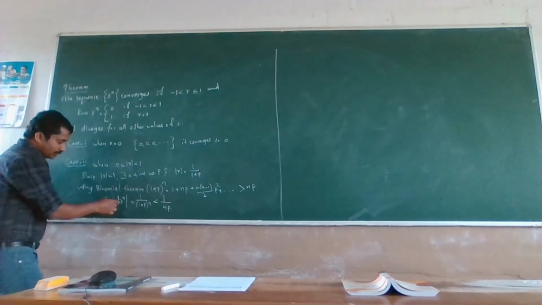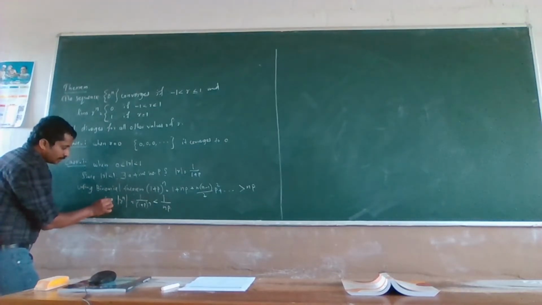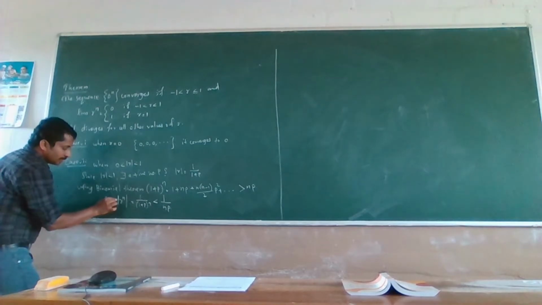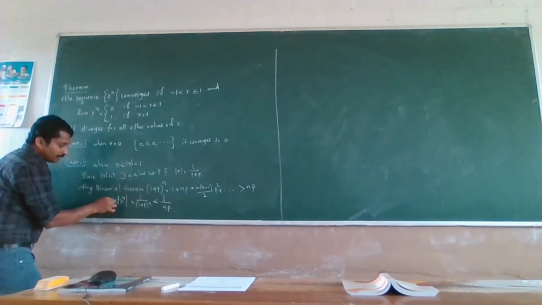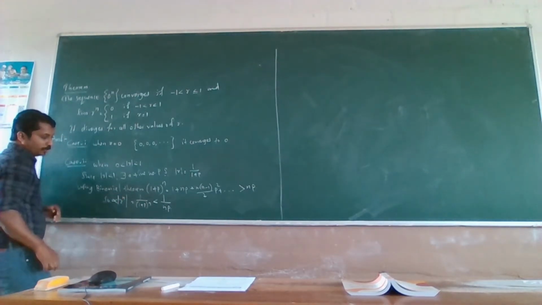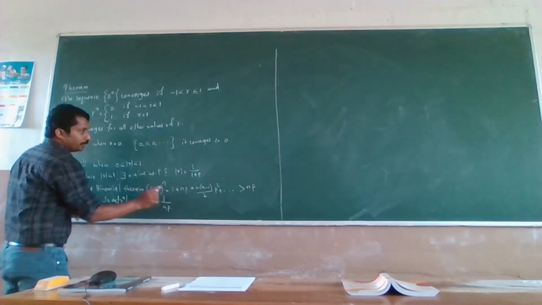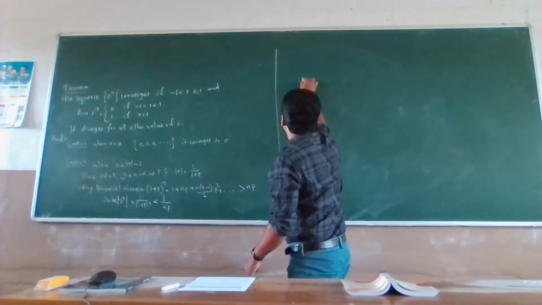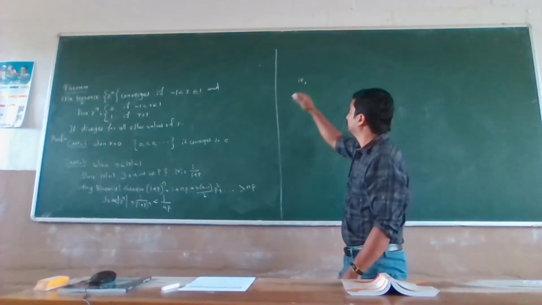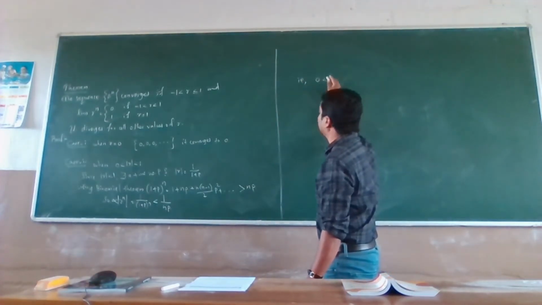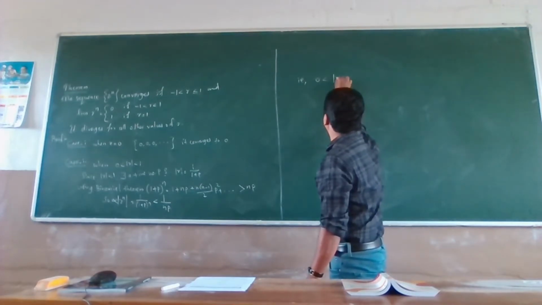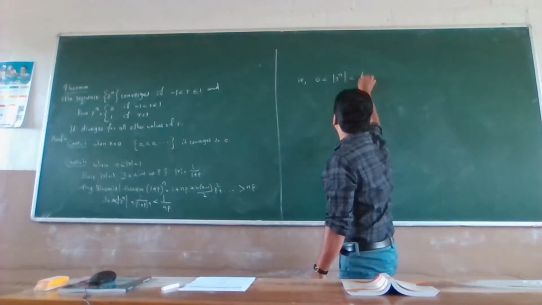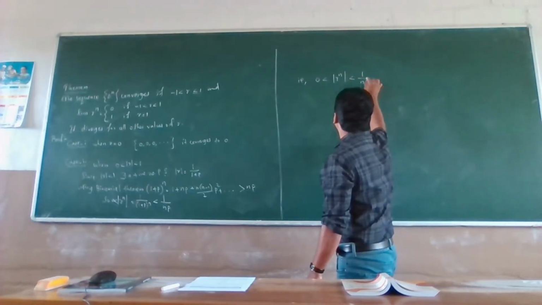Since mod r is positive, we can write this as 0 less than mod r raised to n less than 1 divided by np.